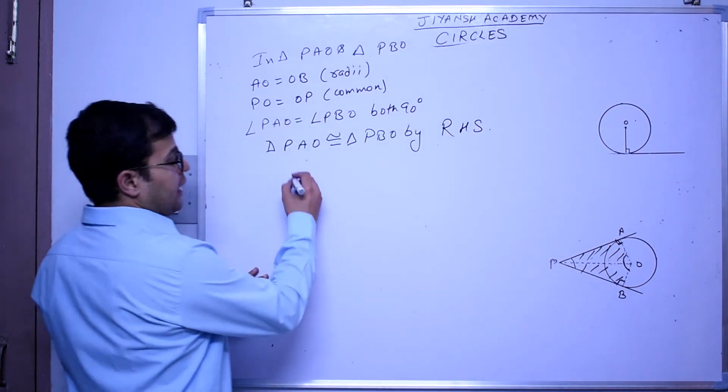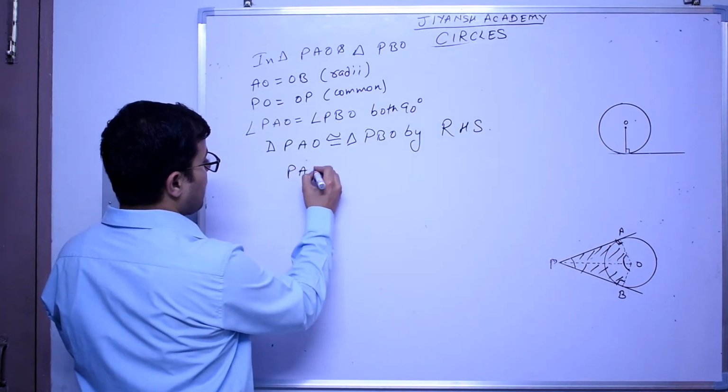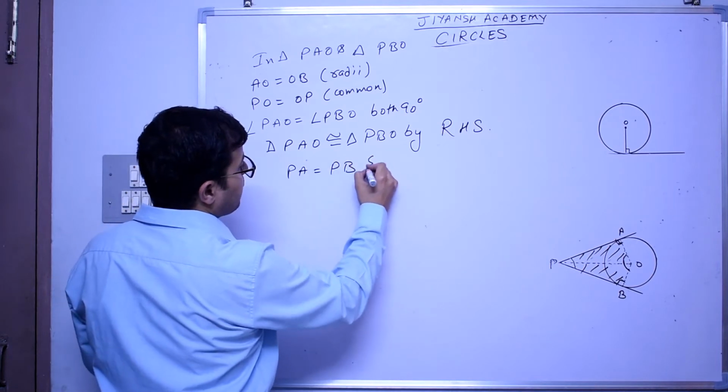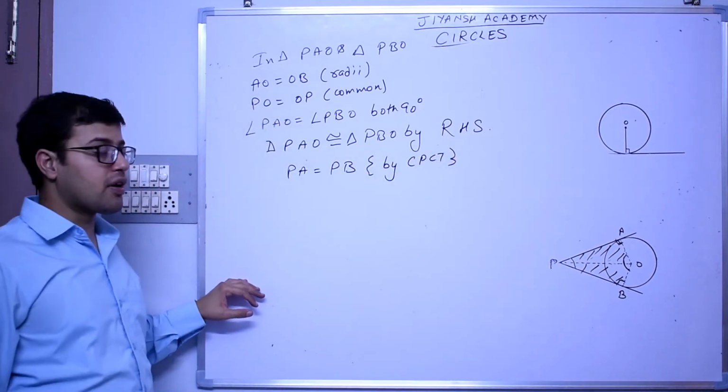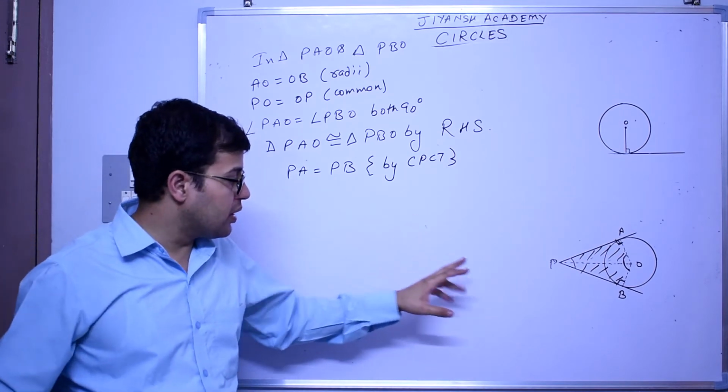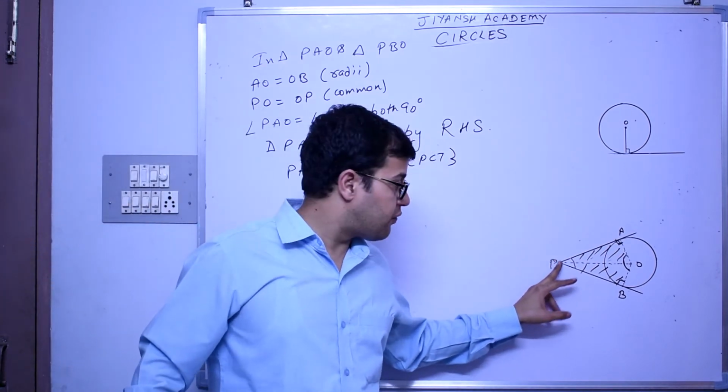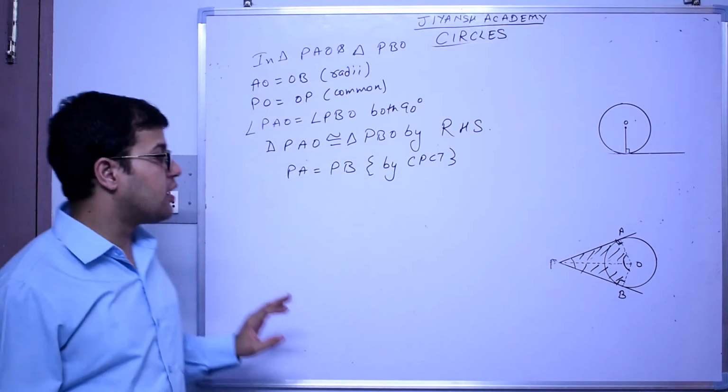So with this I can say that PA is equal to PB by CPCT, that is corresponding parts of congruent triangles. So PA is equal to PB, hence tangents drawn from the external point are equal in length.